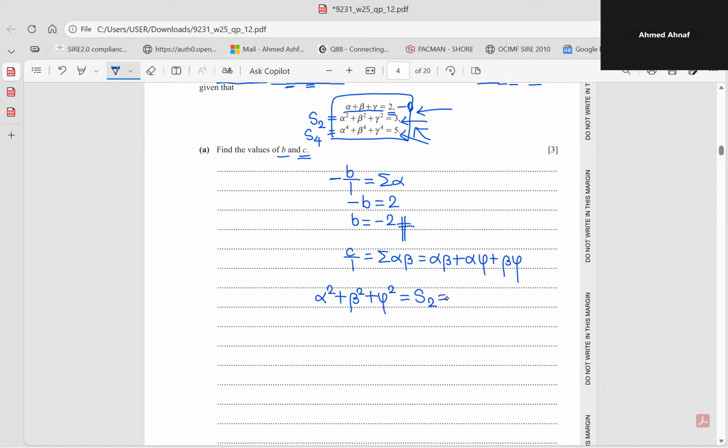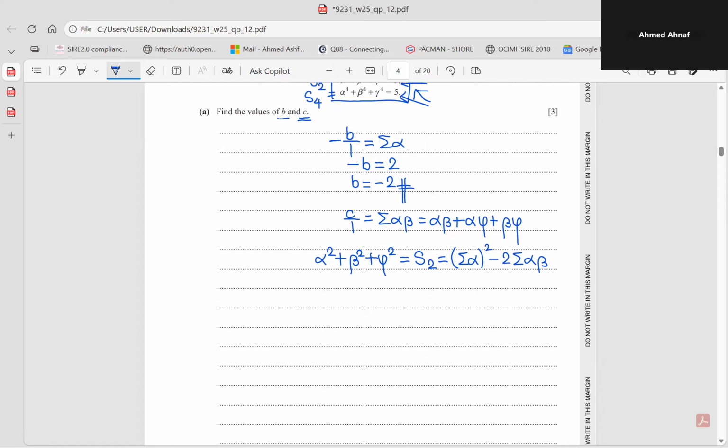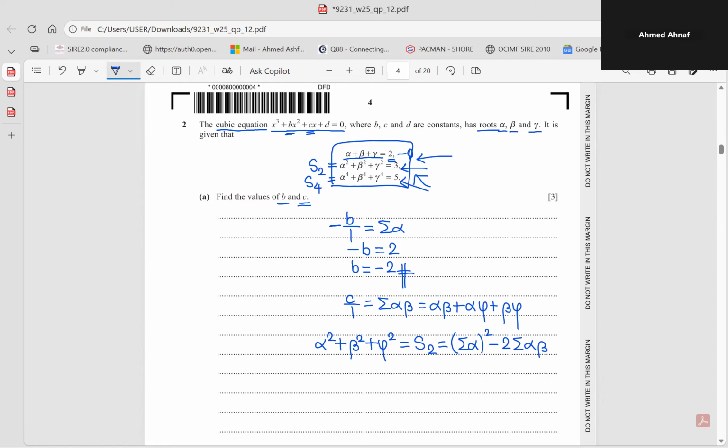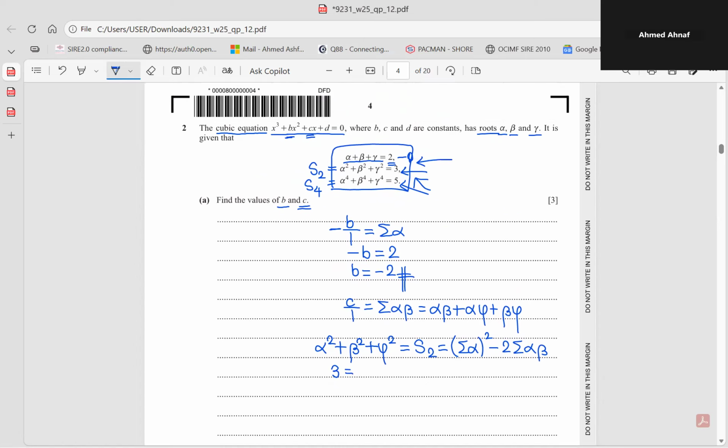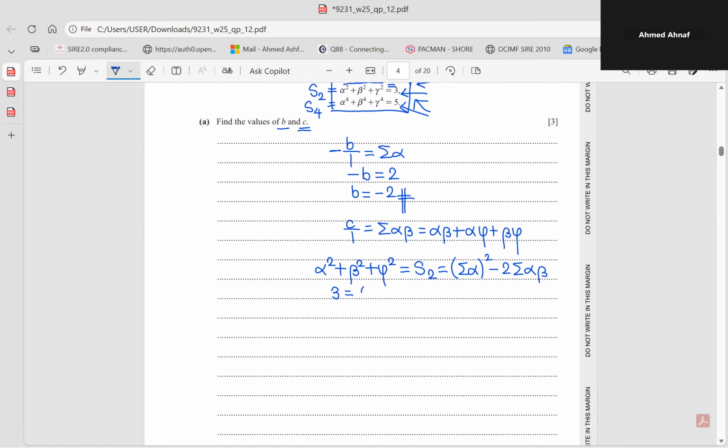So S2 is always equal to sigma alpha, the sum of roots squared, minus 2 times sigma alpha beta, the sum of the root pairs. Alpha squared plus beta squared plus gamma squared is 3, and sigma alpha is 2, so that's 2 squared.